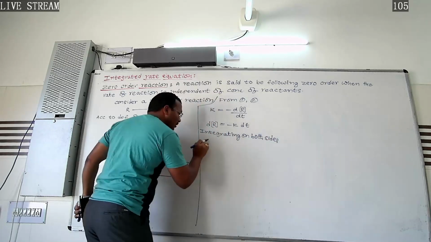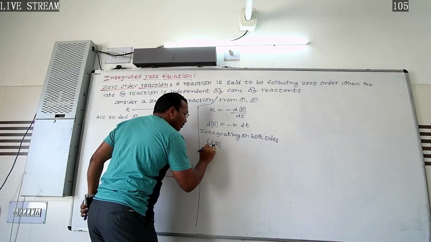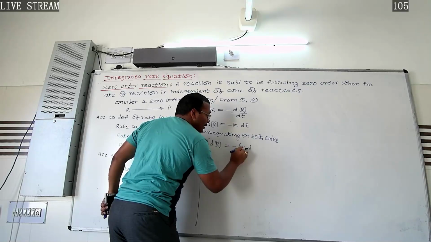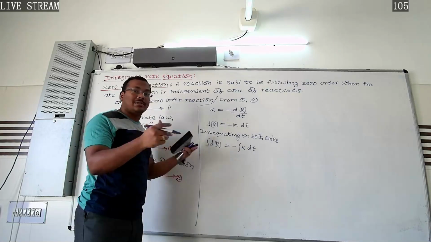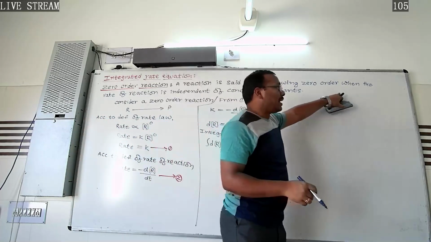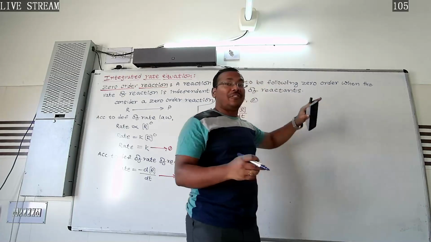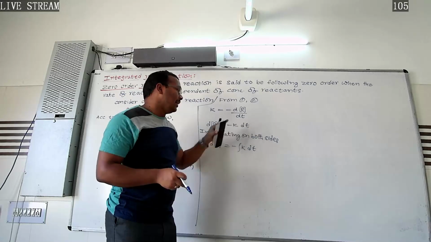Integral dR is equal to minus integral K into dt. You may ask, sir, why we have taken integration? Because integration means summation. Here in the graph we have seen so many steps. So we have to find the rate constant of all the steps. That's why I am taking integration.